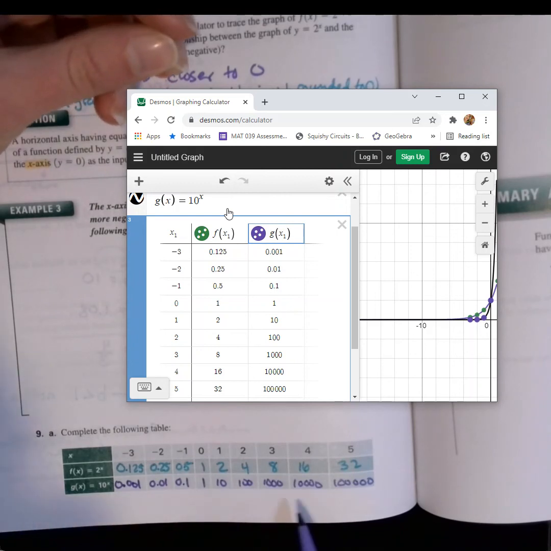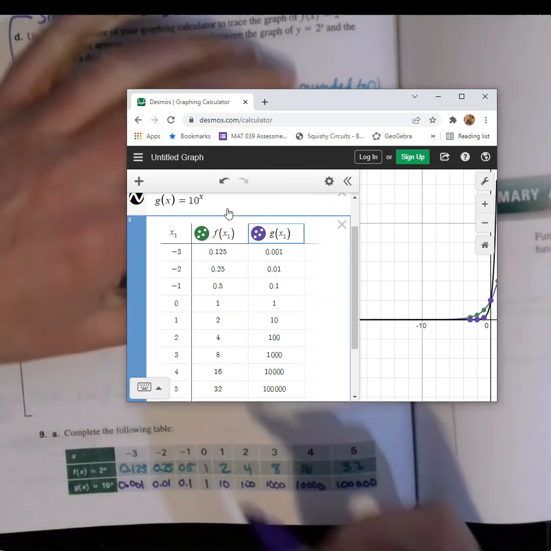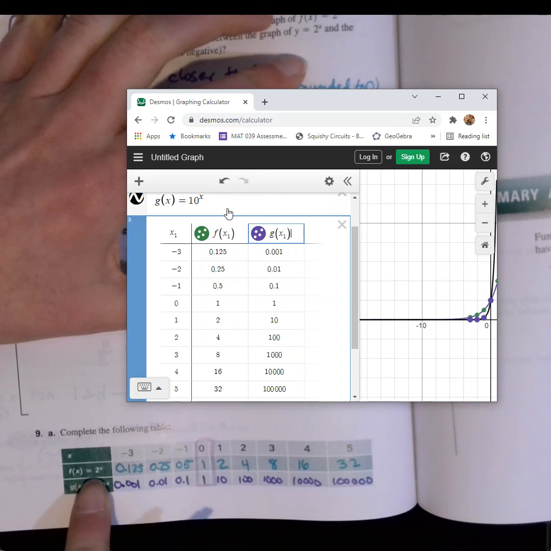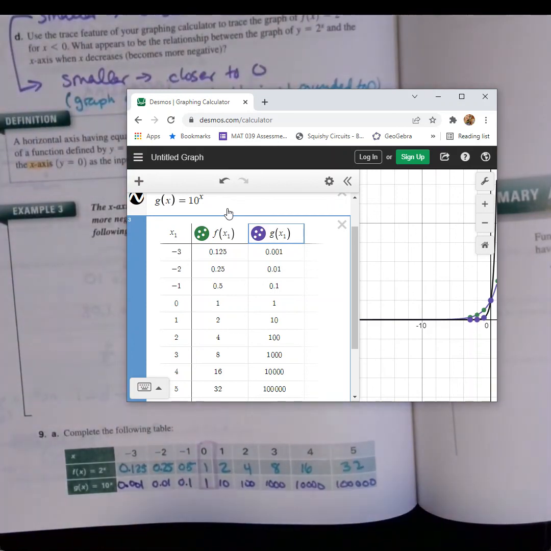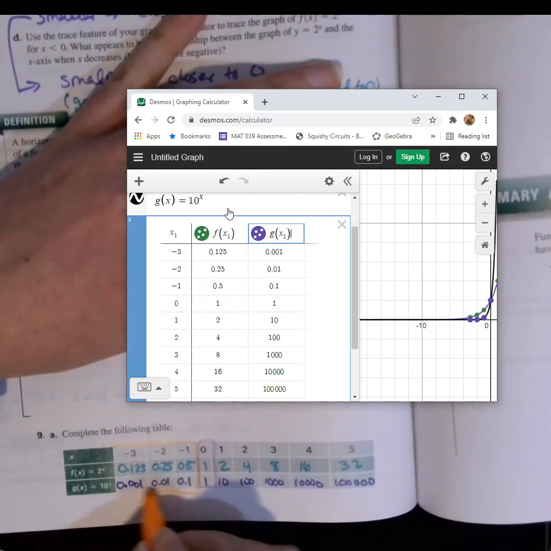So what we can tell from these is, first of all, that y-intercept that we were talking about: when we plug 0 into the function, no matter what the base is, 2 to the 0 is 1, 10 to the 0 is 1, so these two functions have the same y-intercept. We can also see that what happens on the left side with these small inputs is similar.